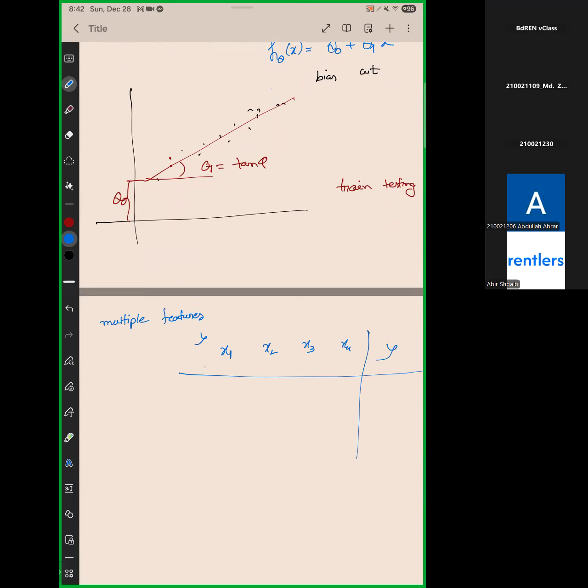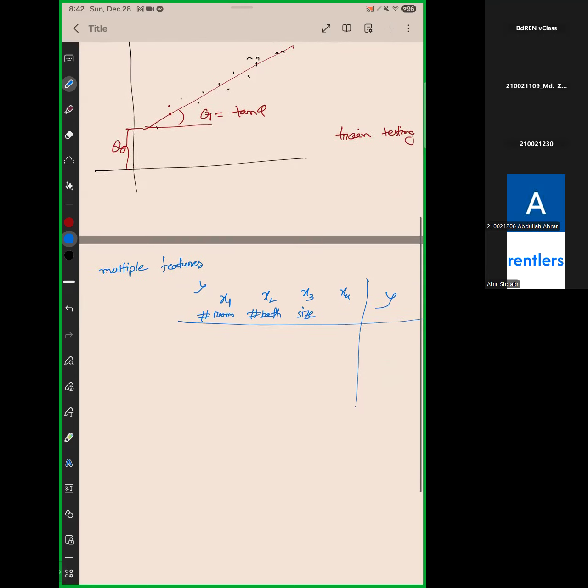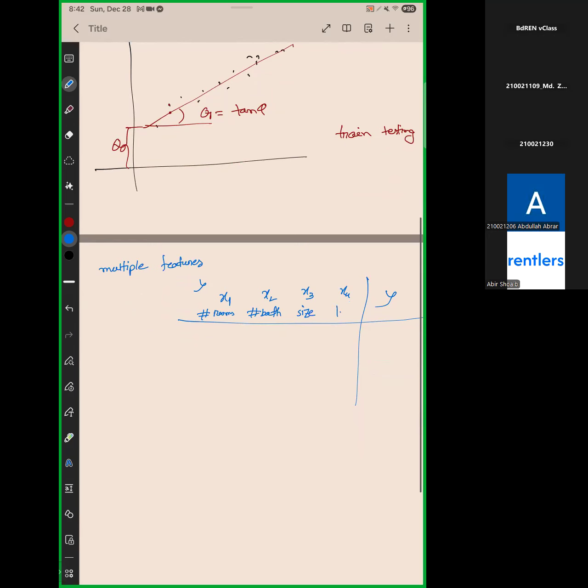It can be the number of rooms, the number of bathrooms, the size of the house, and let's say the location. If you have multiple features, our hypothesis function h theta of x will be theta 0 plus theta 1 into x1, theta 2 into x2, theta 3 into x3 plus theta 4 into x4.